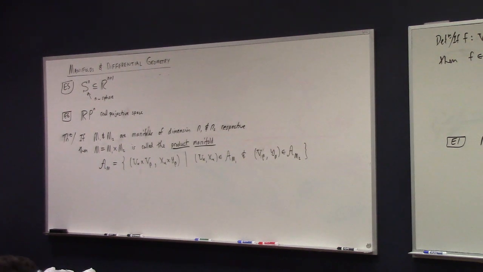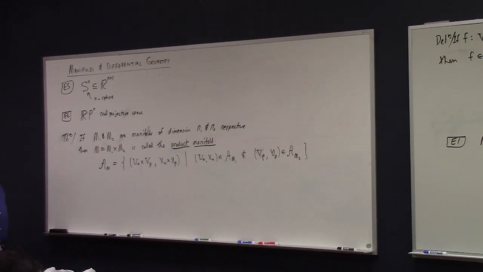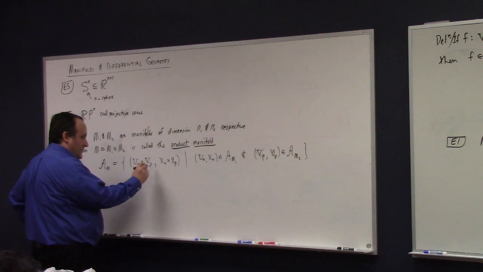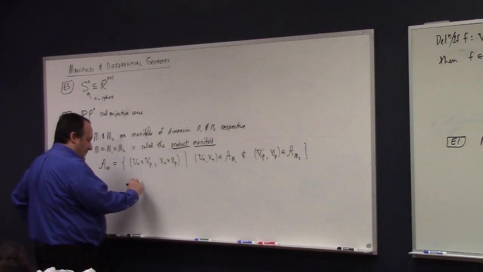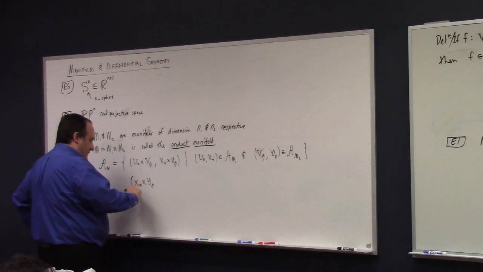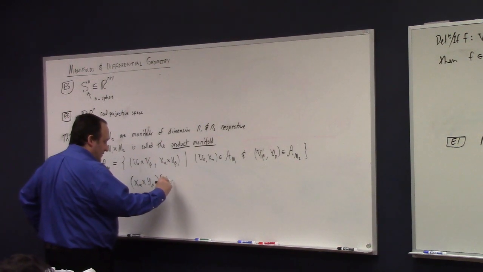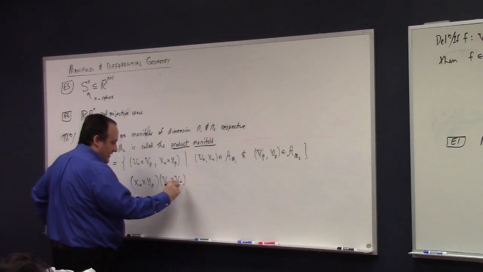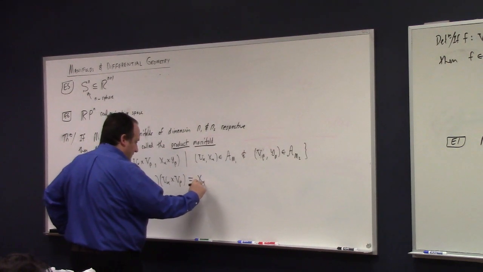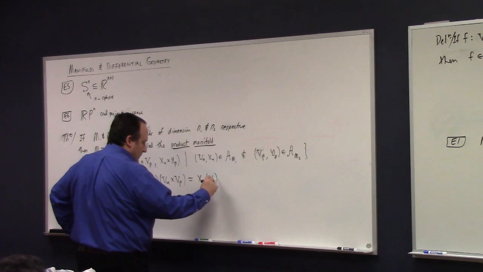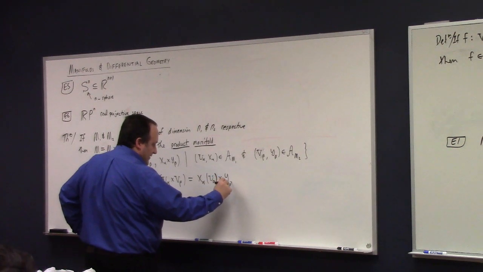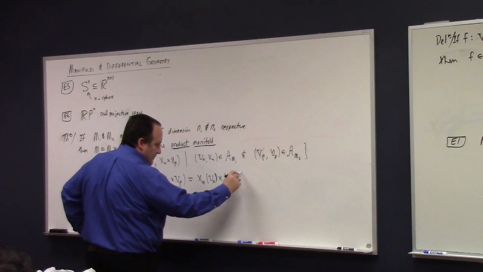And you can prove that in fact this is a brand new manifold. And its dimension is what? If we take X^alpha cross Y^beta and we let that act on the Cartesian product of U^alpha with V^beta, how's that work? Well, you have X^alpha of U^alpha, Cartesian product with Y^beta of V^beta, right?